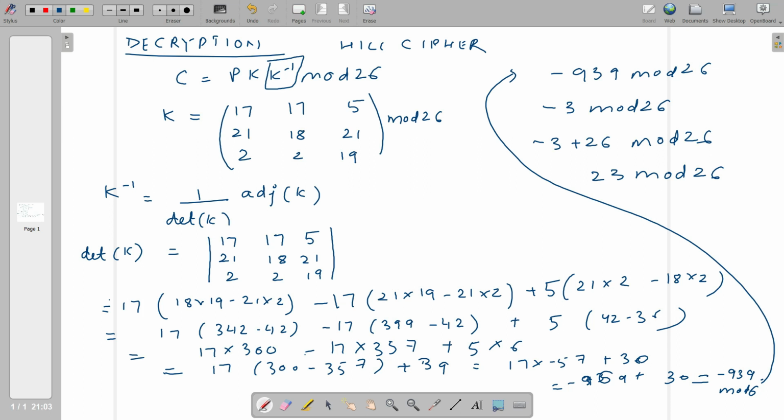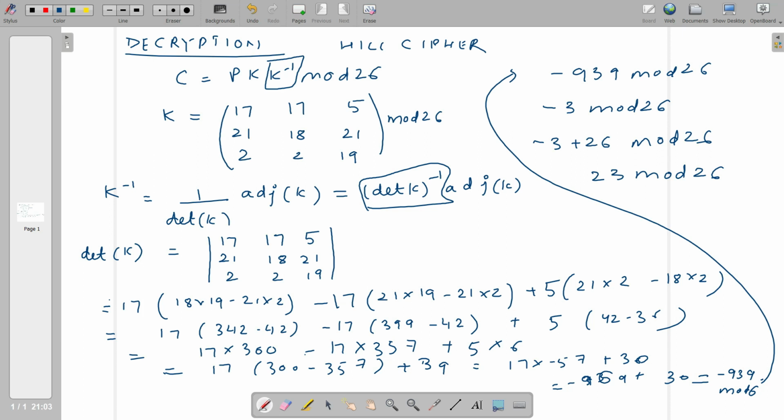Now when we say we need to calculate 1 upon determinant K, it means we need to calculate the inverse of the determinant of K, times the adjoint of K. How do we calculate this inverse? It also should be calculated under mod 26 operation.